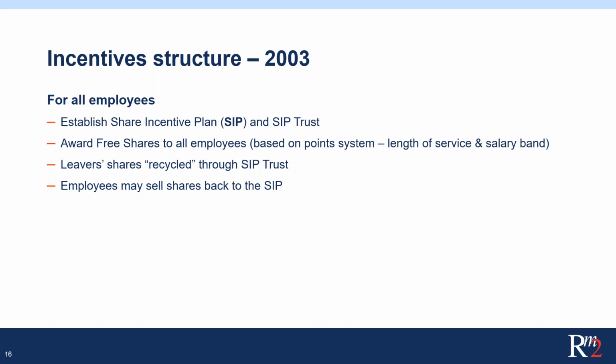Leaver shares were recycled through the SIP trust. Employees were able to sell their shares back to the SIP trust, provided the SIP trustees could see that there was a further way out for those shares. You can't just buy shares and sit on them forever. You need to be able to allocate them out at some point. But because regular awards were being made, it was perfectly possible for SIP trustees to buy shares back from leavers and then make use of those shares in the next year's awards.